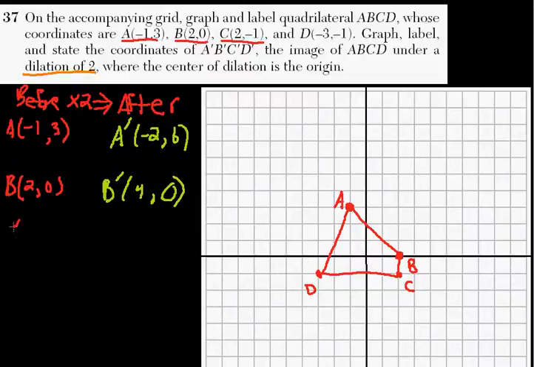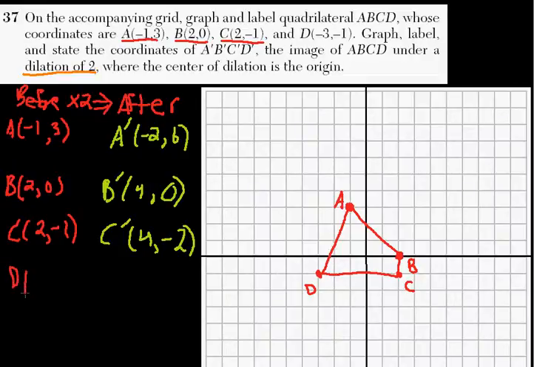Okay, point C, we do the same exact thing. 2, -1, and C prime becomes 4, -2, and we're almost done. Point D is -3, -1, and that means D prime is going to be -6, -2.